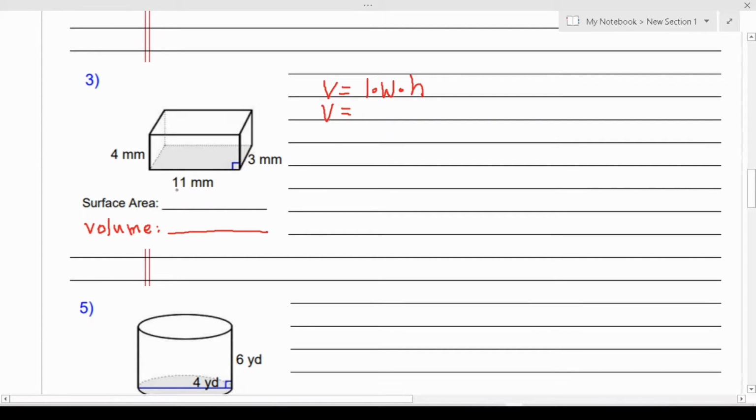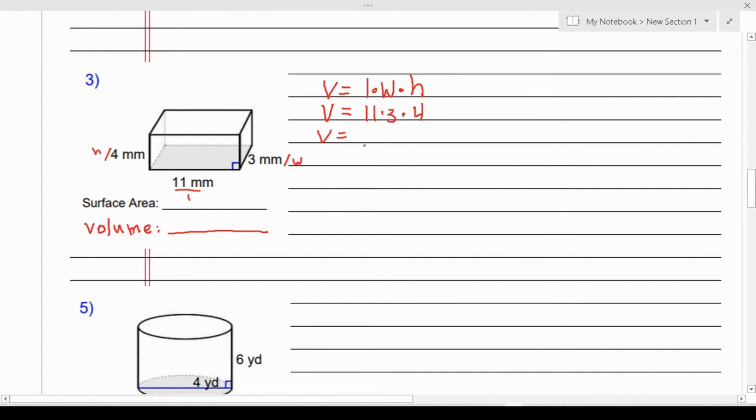And as we can see, this is our length, this is our width, and this is our height. So let's plug those things in accordingly, and let me label that for you. Length, width, height. So this is going to be 11 times 3 times 4.